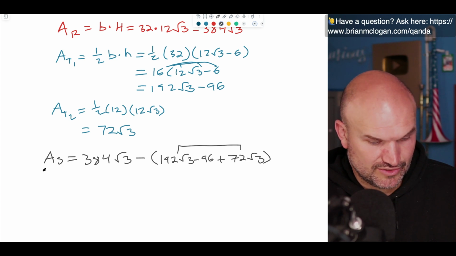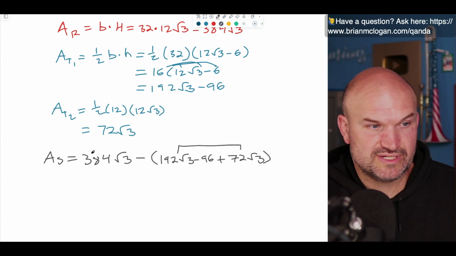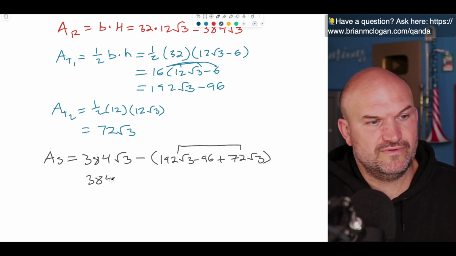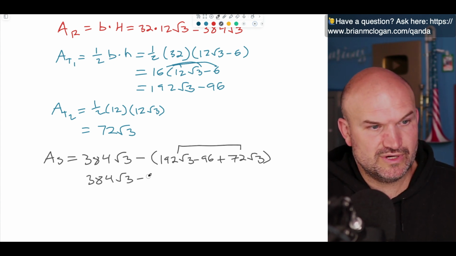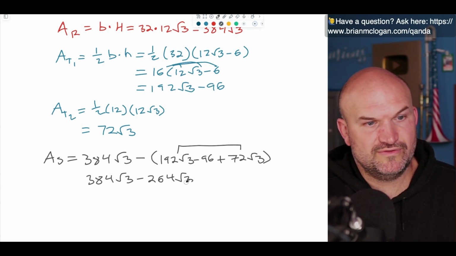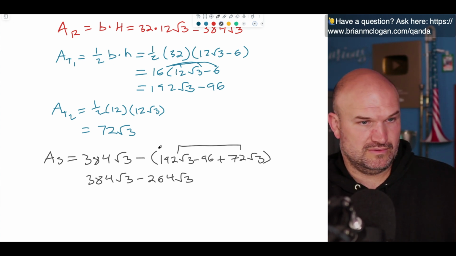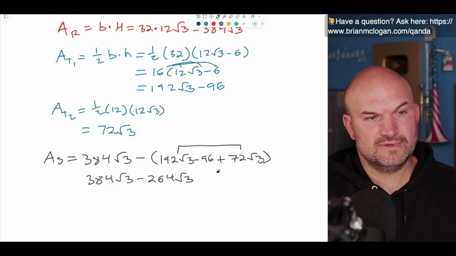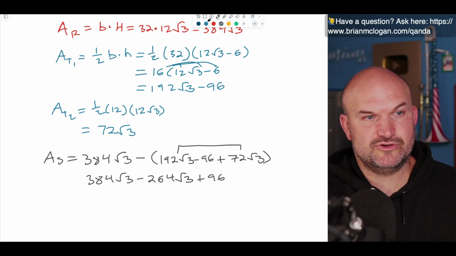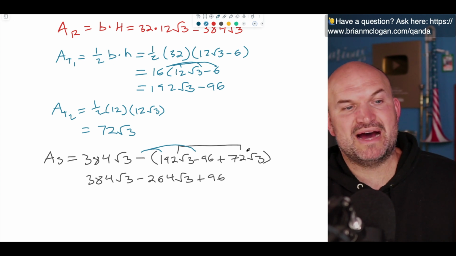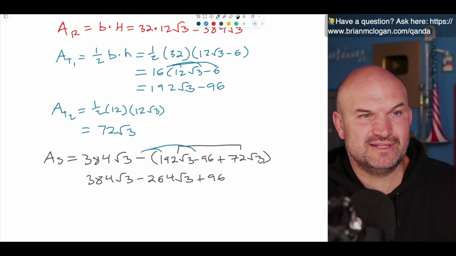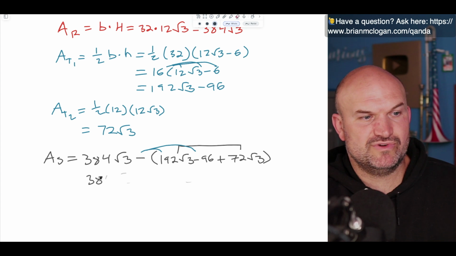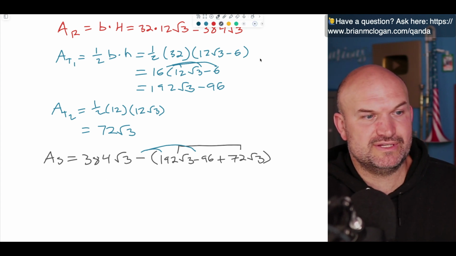So let's do 192 plus 72, that's 264. So 264 square root of 3 minus 96, because remember, you have to distribute that negative. Actually, that's confusing. Let's just rewrite it properly so you can see what I'm doing.